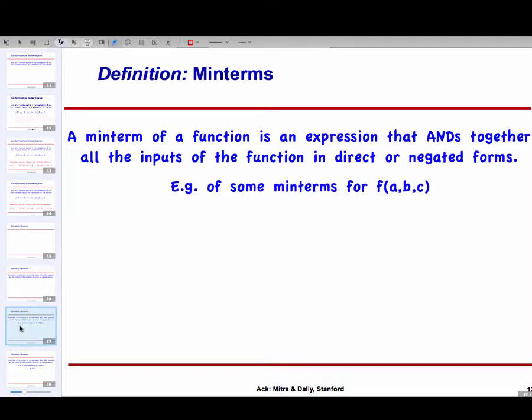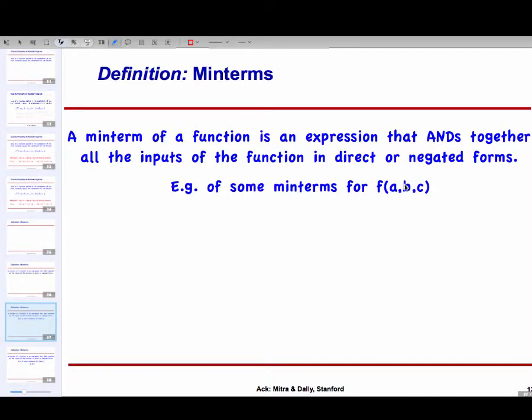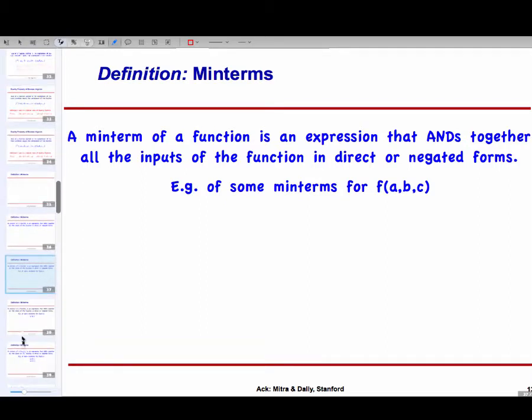So let's say I have a function which has three inputs a, b, and c. Then a min term of this function is any expression where a, b, and c are ANDed together, but one or more of them may be negated. So what I mean by that is a and b and c. That's a min term. Or not a and b and c is a min term.